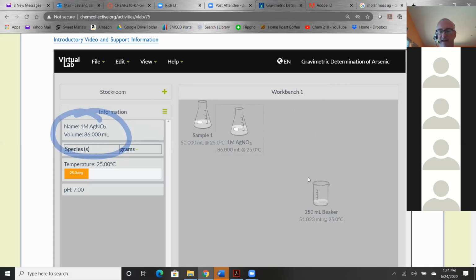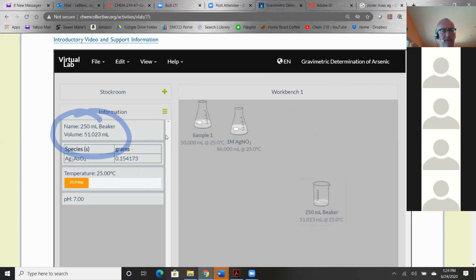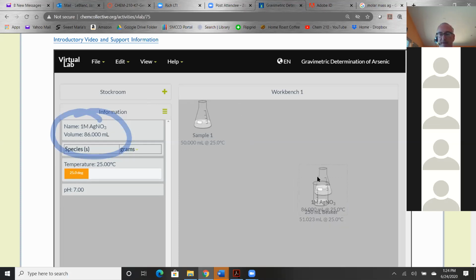And if we click on the beaker, it'll give us the volume we've added so far, and if there's any precipitate in there, it'll tell us how much and what the precipitate is. So basically, we're just going to keep adding silver nitrate to the beaker.